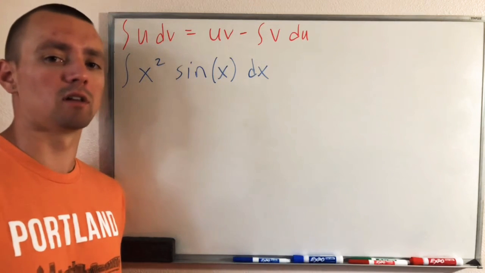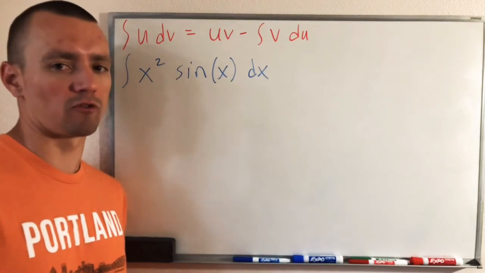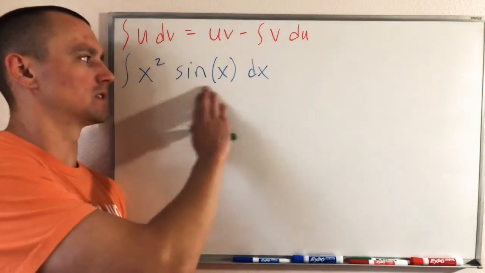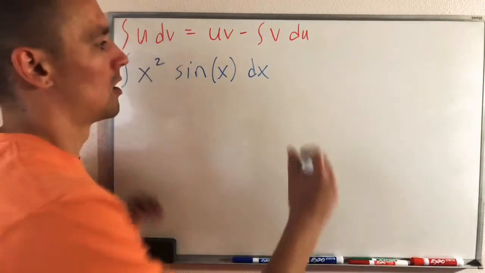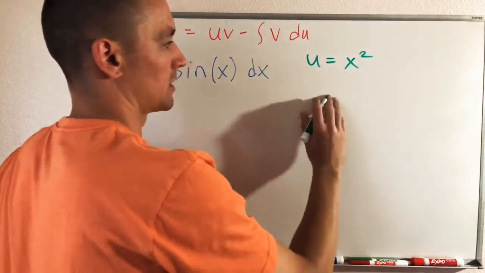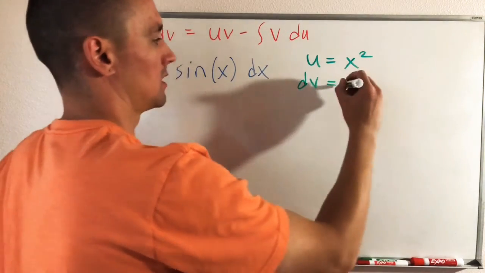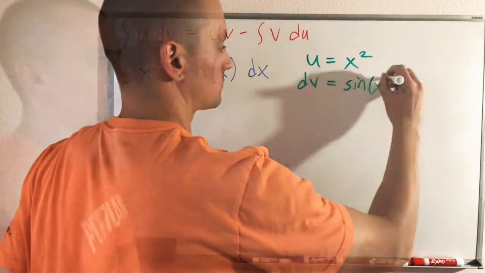Taking the derivative is going to leave us with something a little bit simpler to deal with. So that's slightly preferred. And since it makes no difference with this other piece, we'll go ahead and say that our u is going to be x squared because we want to take the derivative of that. And we'll say our dv is going to be the sine x part.